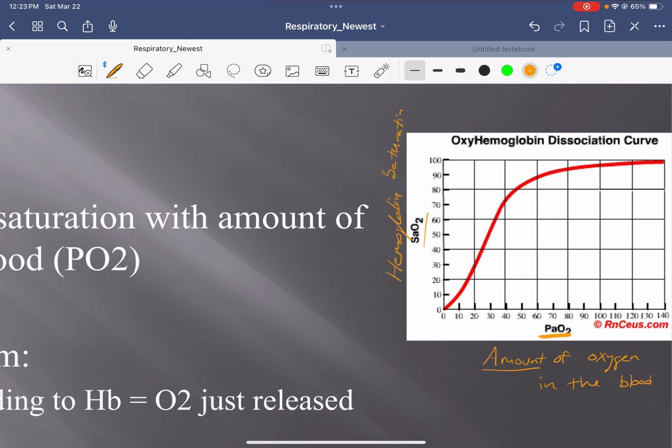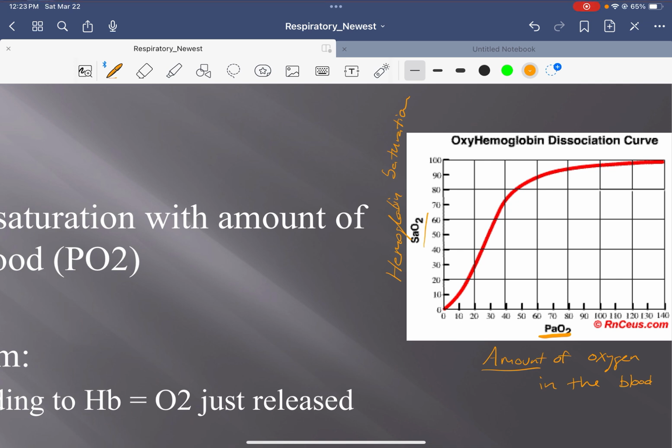So we've got to go back for a moment. You may remember that each hemoglobin can hold how many oxygens? Each hemoglobin can hold 4. So we know that each hemoglobin molecule in the blood can hold a maximum of 4 oxygens.